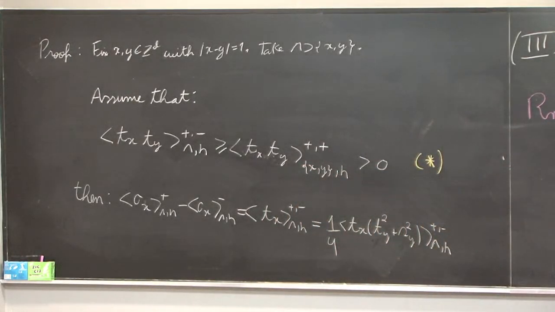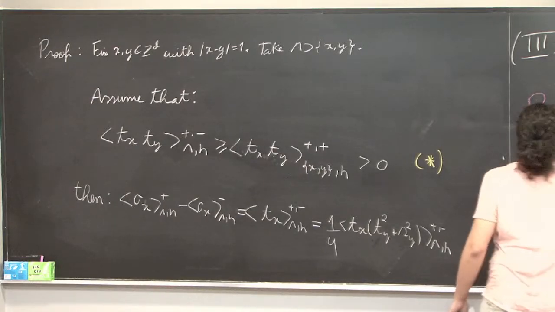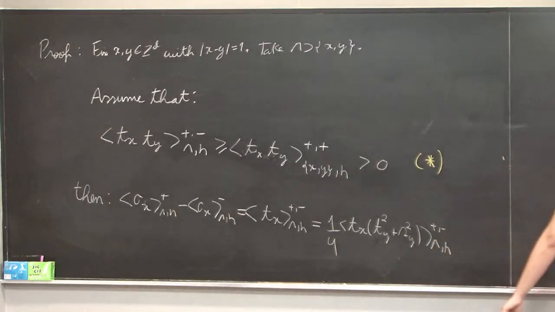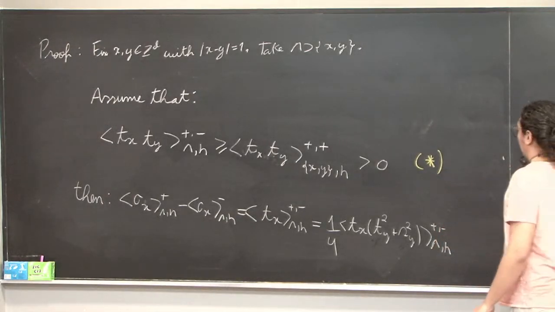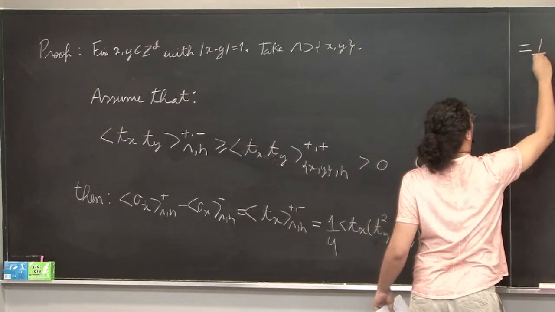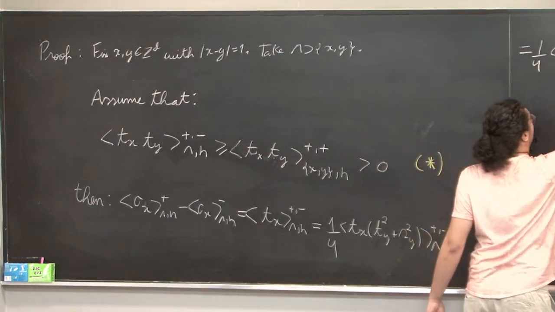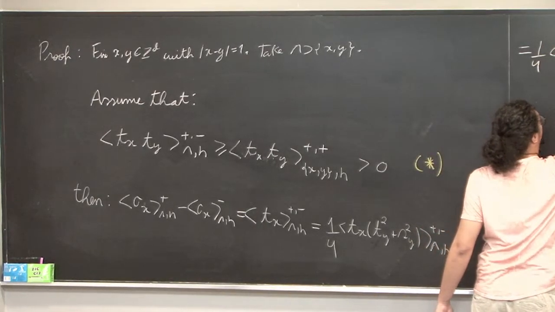And now we use the inequalities. So let me just write this again. So this is 1 over 4 T X T Y squared by linearity, right?